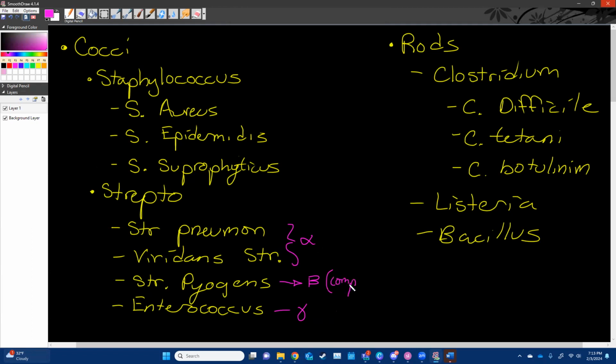What was gamma? Alpha is incomplete, so meaning it's like 50%. Beta is complete, so you can see it's very clear all the way through. And then gamma is only partial, so maybe about 25%. And then if you have nothing, then you are not a hemolytic bacteria. So you would be something like staph, for example.